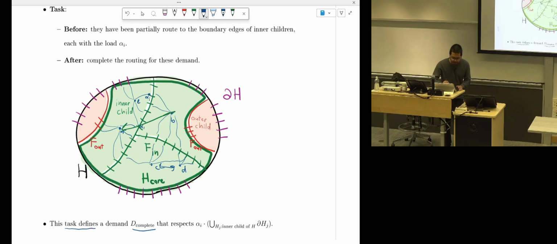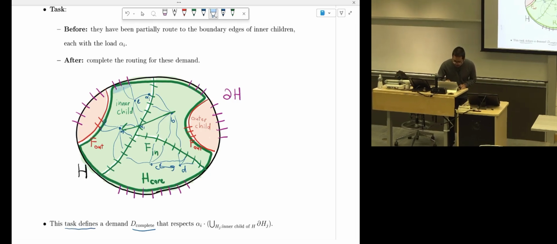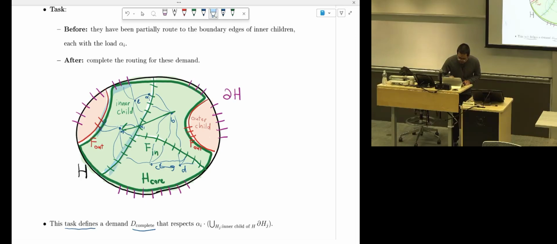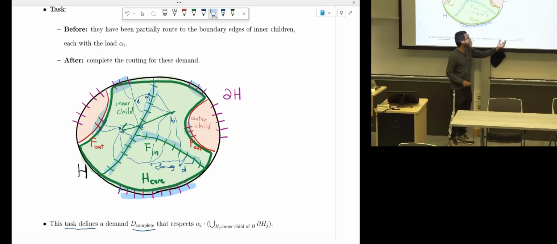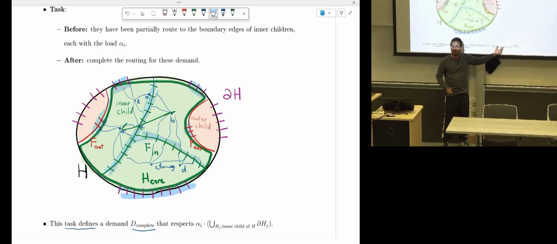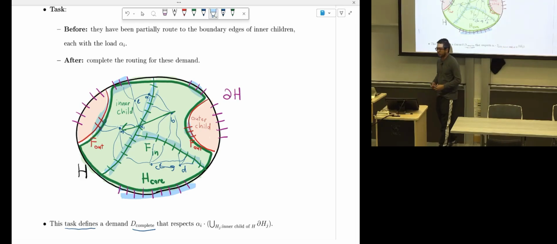So it's just some demand that tries to route between this thing and this thing. Okay. Why do you think that we can route any demand between the boundary of inner children with low congestion?